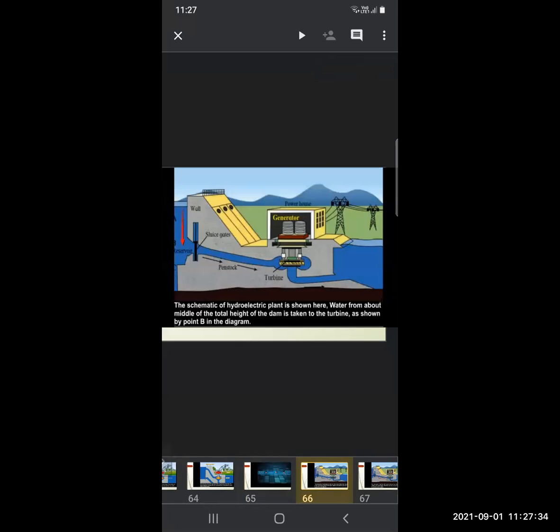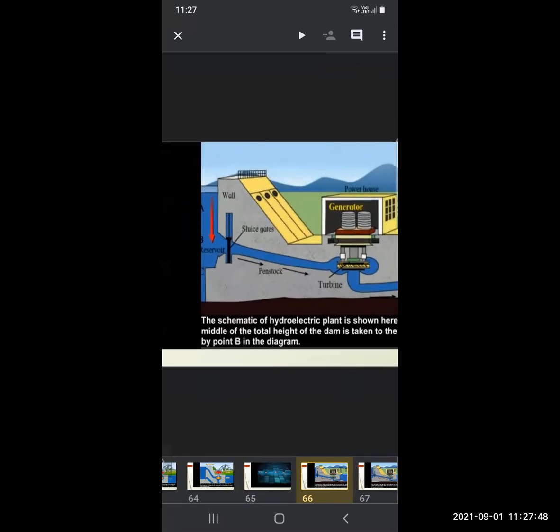The schematic of a hydroelectric plant is shown here. Water from about the middle of the total height of the dam is taken to the turbine, as shown by point B in the diagram. This is point A here and point B here.